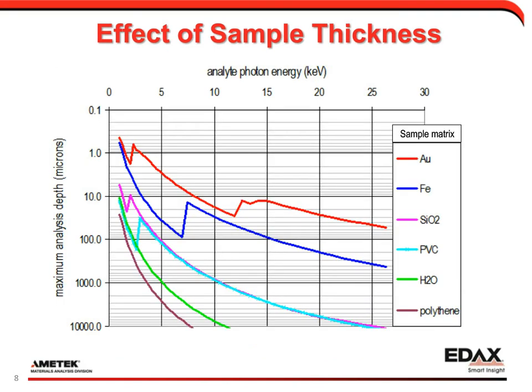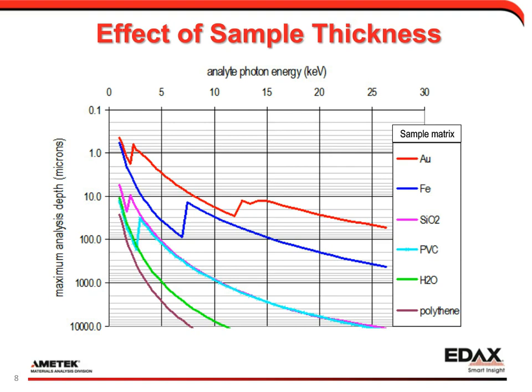So in this graph, we have various sample matrix types and plotting their analysis depth relative to the energy of the analyte photon. If we focus on the matrix of interest here, which would be closest, one would be SiO2 in purple.